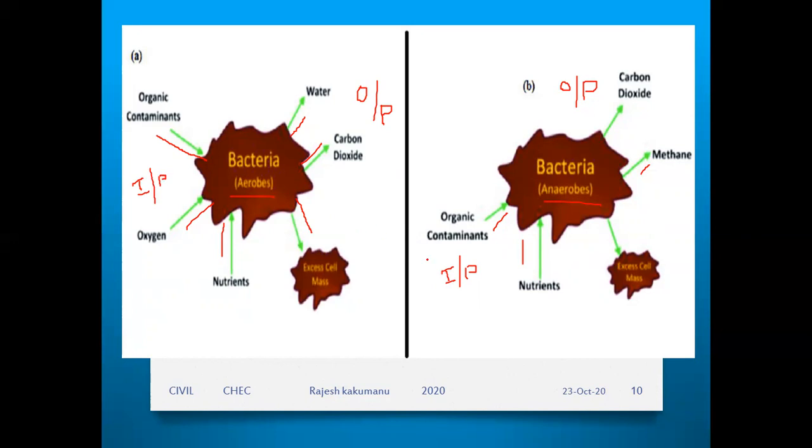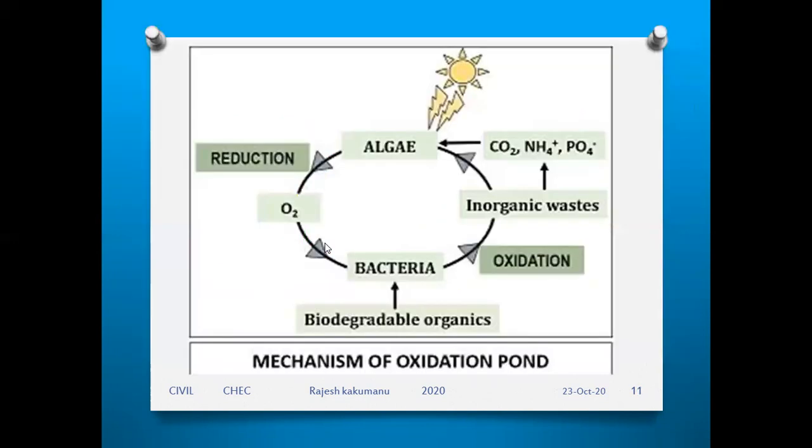The inputs and the outputs: carbon dioxide and methane are the outputs here, and carbon dioxide plus water are the outputs here. Simple diagram, keep this in mind. Here, excess cell mass is coming outside. Here also excess cell mass is coming outside.